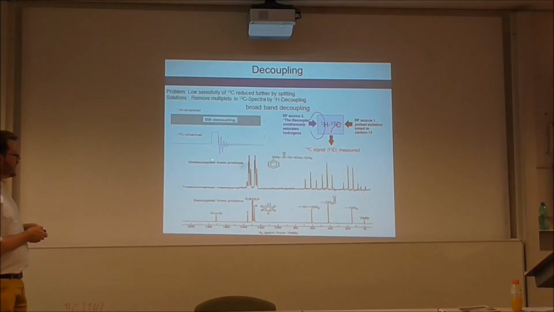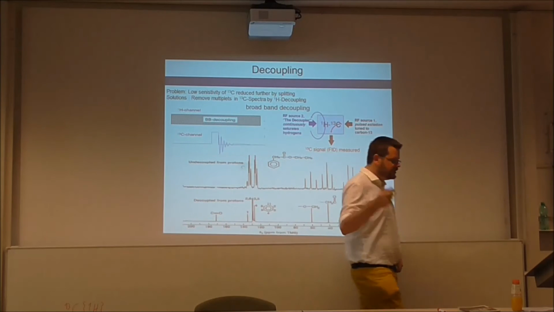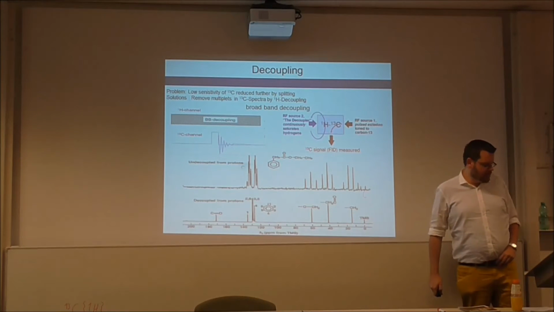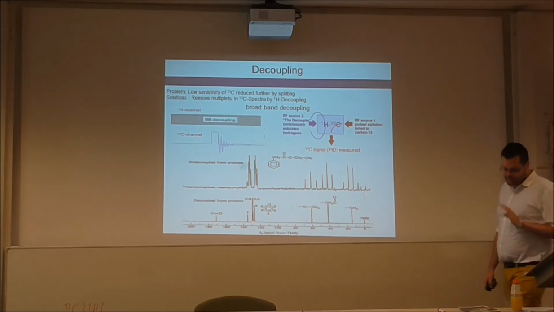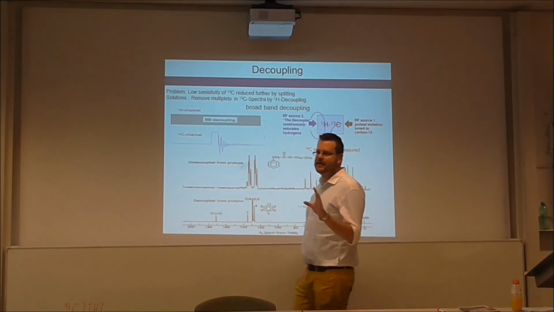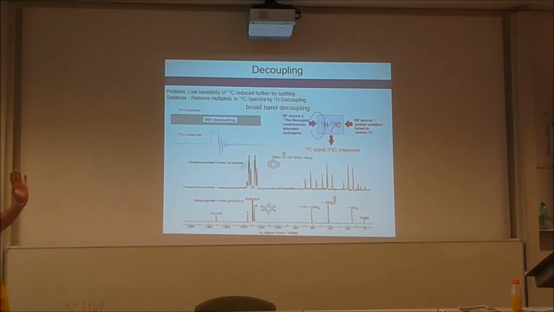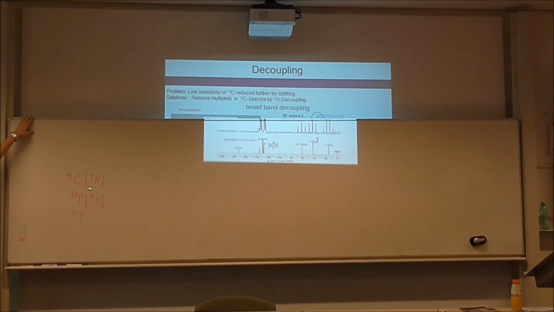For example, in the coupled spectrum, or the undecoupled spectrum, it means the same thing, you don't see this carbonyl group, but in the decoupled spectrum you do. So in my whole career I have never seen a coupled carbon-13 spectrum. It's always decoupled, and that's why when you report 13C NMR data, you should write it like that, because it's decoupled from the 1H.